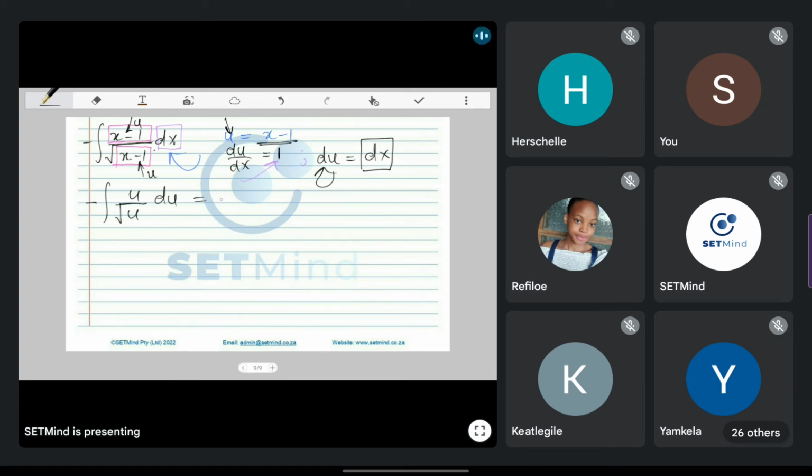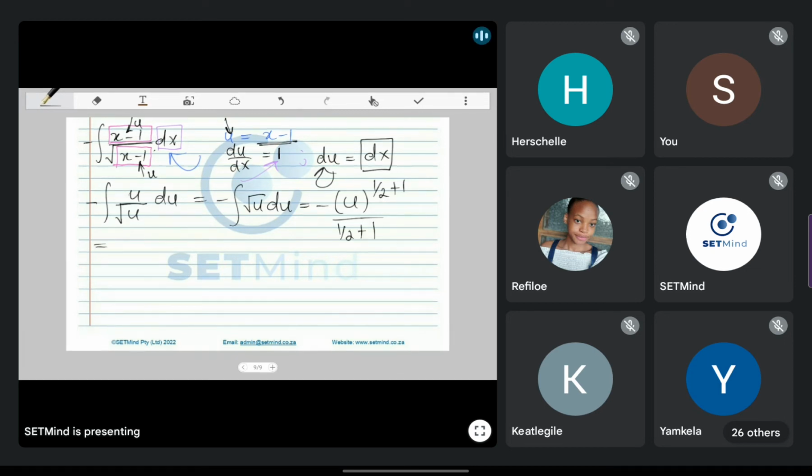And then we know that u over square root u is simply going to be square root u du. And when we integrate the square root of something, we know it's simply going to be u to the power of 1 over 2 plus 1, divided by, missing a negative here, 1 over 2 plus 1.